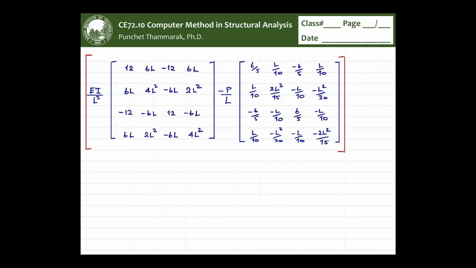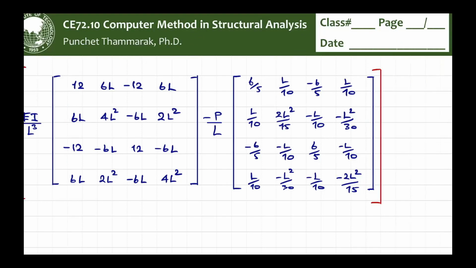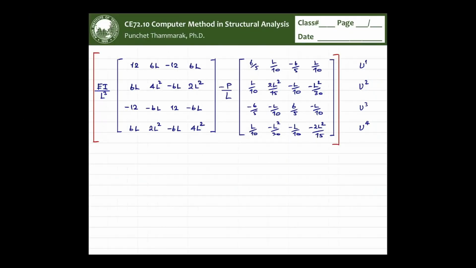So you have U1, U2, U3, U4. First, I multiply through by L on the equation for the force equilibriums, those associated with row number 1 and row number 3.